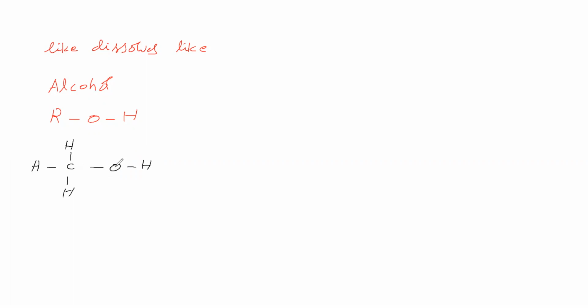Now this oxygen electronegativity is 3.5, hydrogen electronegativity is 2.1. The difference is large, therefore it is polar. Hydrogen partial positive, oxygen partial negative, therefore it is polar. Now this carbon 2.5 and hydrogen 2.1, the electronegativity difference is less, therefore this part is called the hydrocarbon part, having hydrogen and carbon.